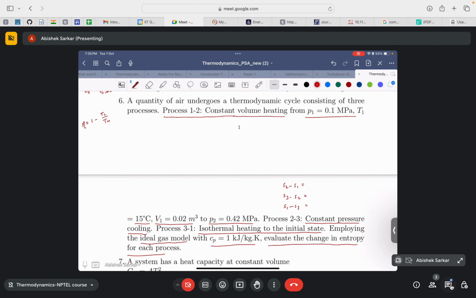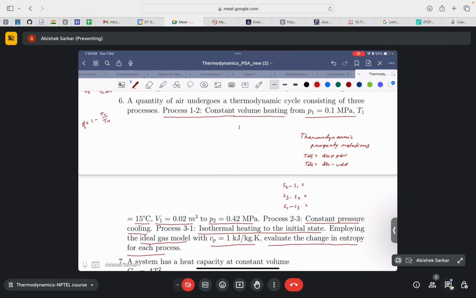The clue would be to use thermodynamic property relations, and they are basically TdS equal to dU plus PdV, and TdS equal to dH minus VdP.